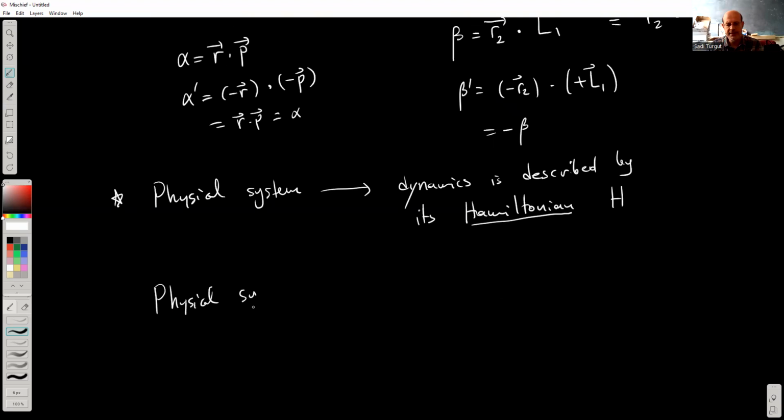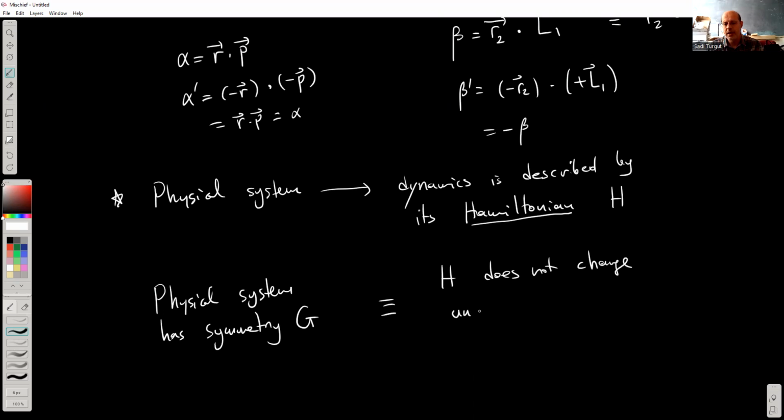A physical system has symmetry, let's say G, is equivalent to saying that H does not change under operations in G, where G is a symmetry group.